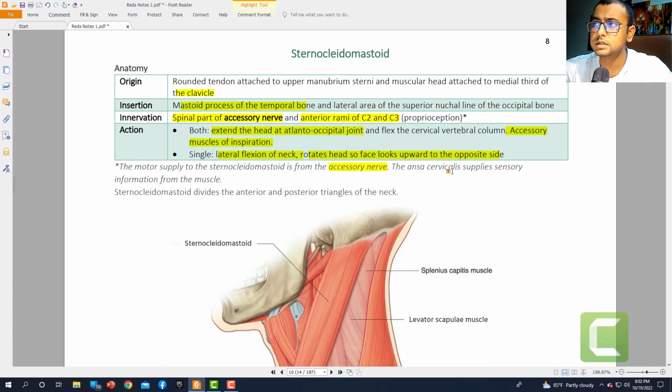The ansa cervicalis supplies sensory information from the muscle. The accessory nerve is a pure motor nerve.